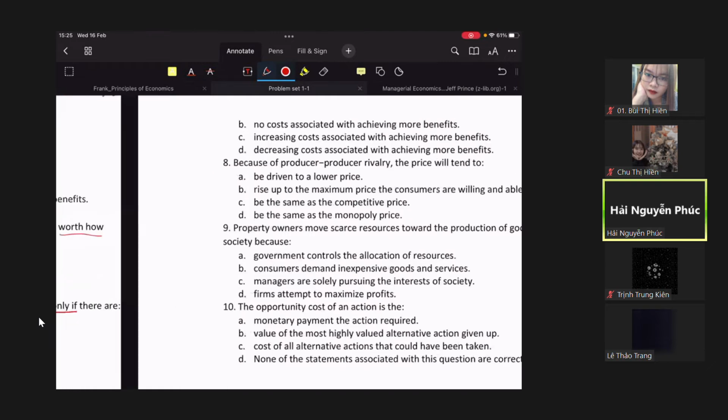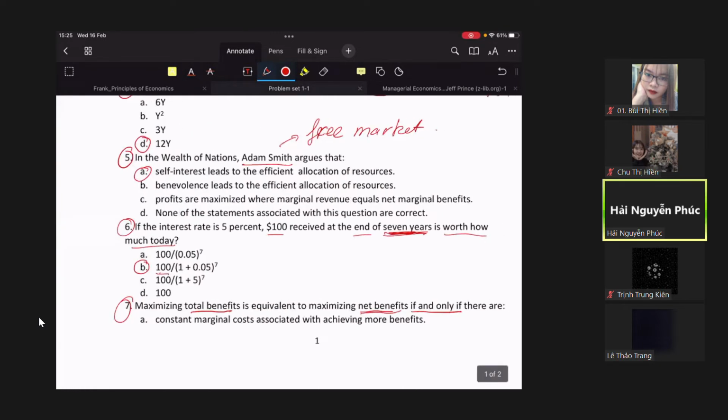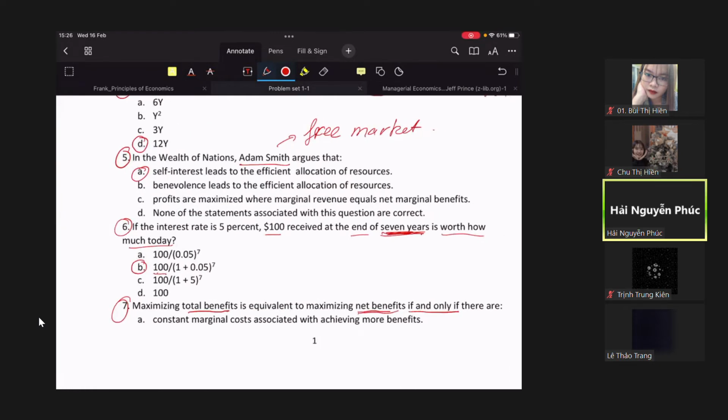Recall that they ask you under which condition the problem of maximizing total benefit is equivalent to the problem of maximizing net benefit. Now recall that net benefit is equal to total benefit minus total cost.